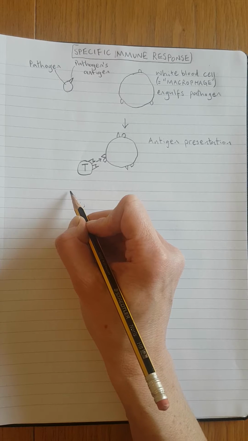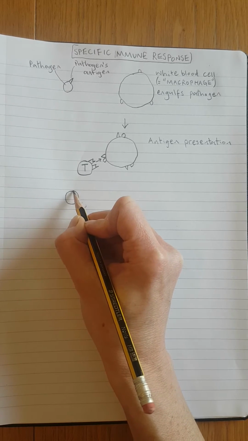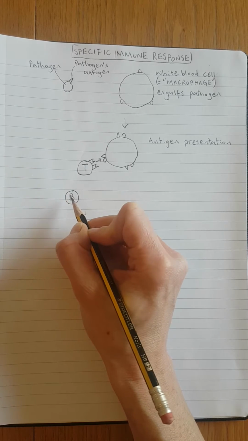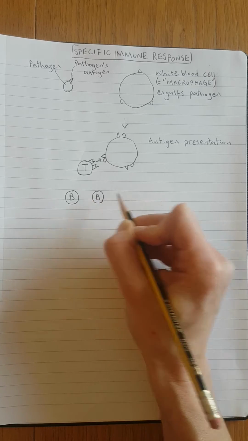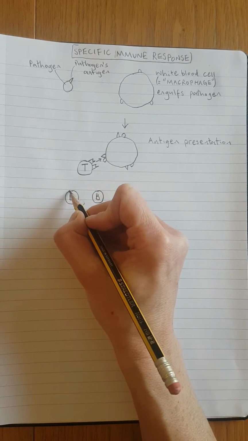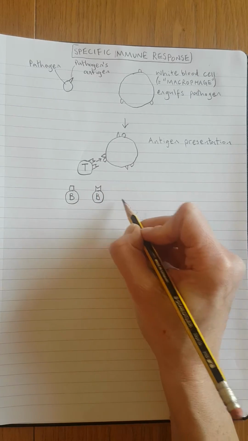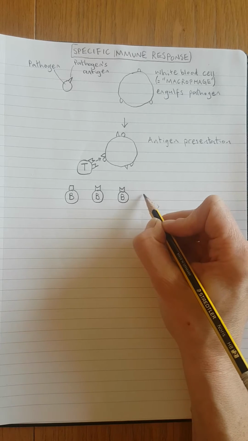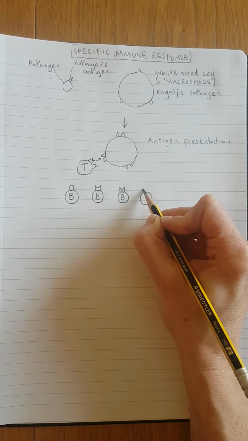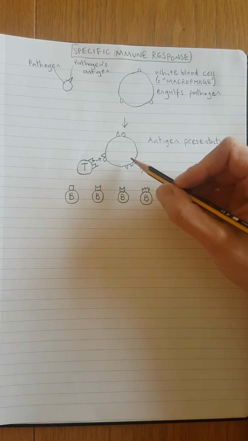Meanwhile, there's a load of another type of lymphocyte, the B lymphocytes. So basically, I like to imagine that they're all coming down with their slightly different shaped receptors. There we go. And they're all queuing up to present their receptors to find out which one is the complementary receptor to the presented antigen.